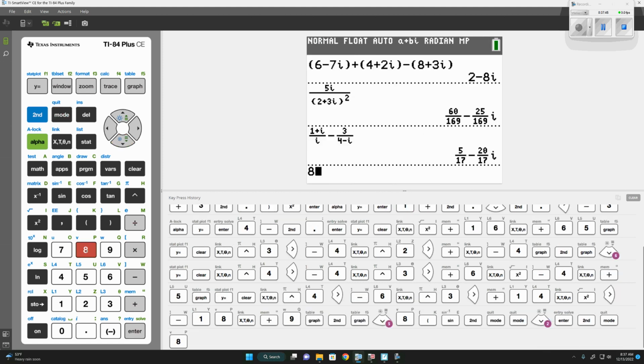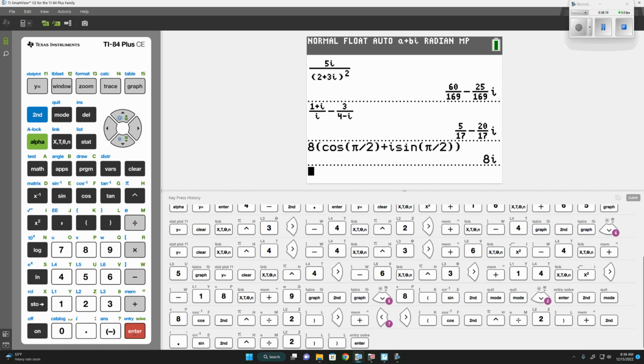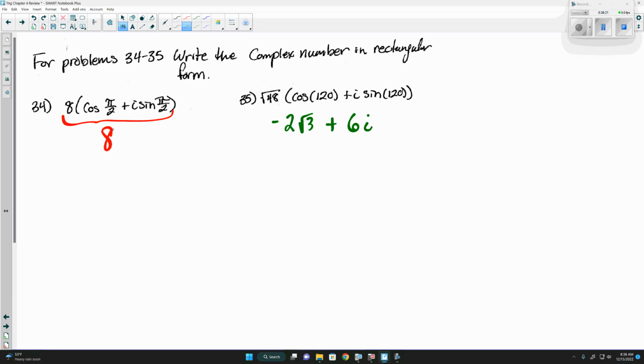So 8 times parentheses, cosine of pi divided by 2 plus I sine of pi divided by 2 gives us 8i. Because cosine of pi over 2 is 0, sine of pi over 2 is 1. Multiply it by 8, get 8i. Questions on this here?